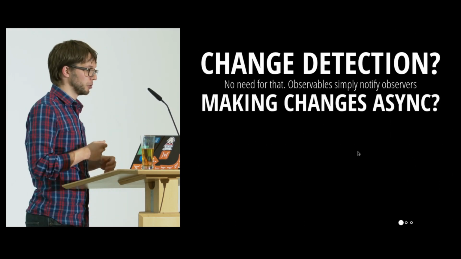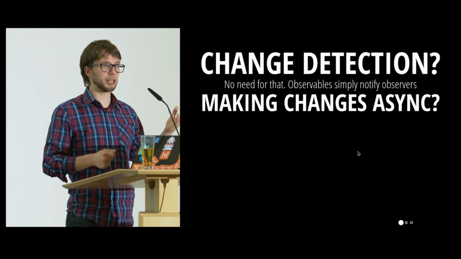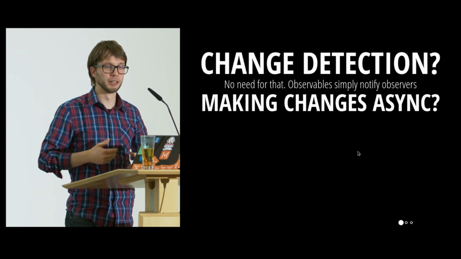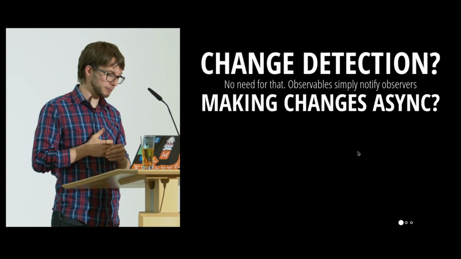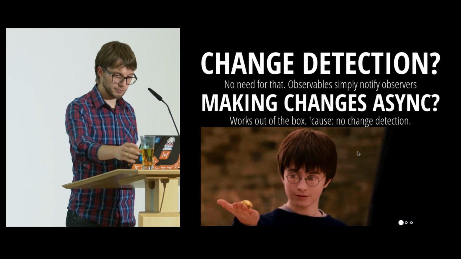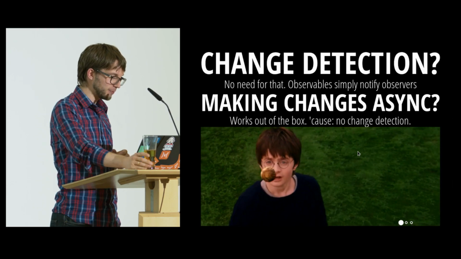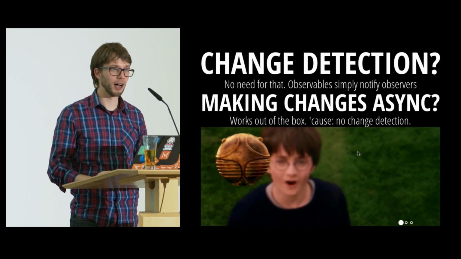So that means that if you make changes asynchronously, like I did in the console, just at some arbitrary moment I start typing into the console and make a change to the state, that works out of the box. Nothing special needs to happen, because there's no change detection loop which needs to be run. So hopefully you're now like, whoa.